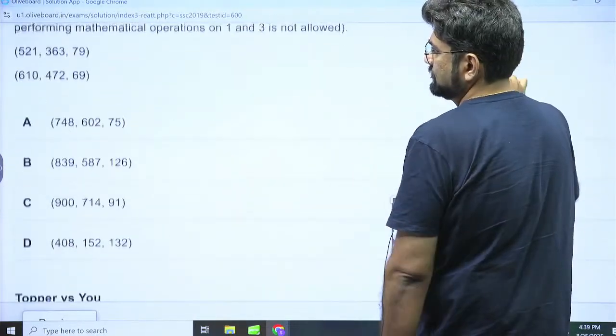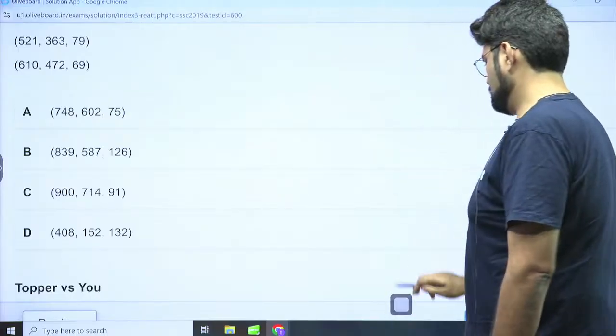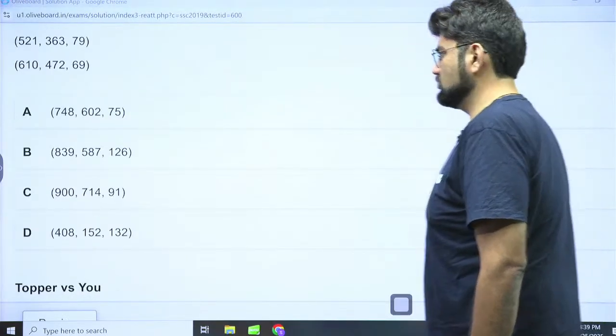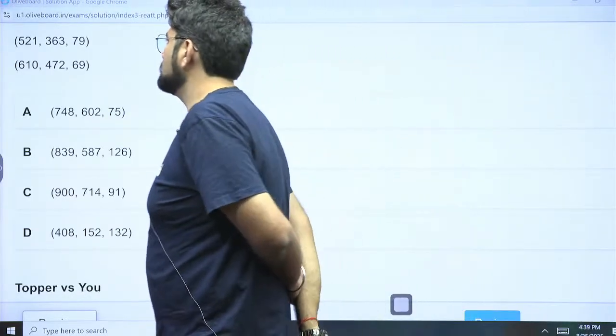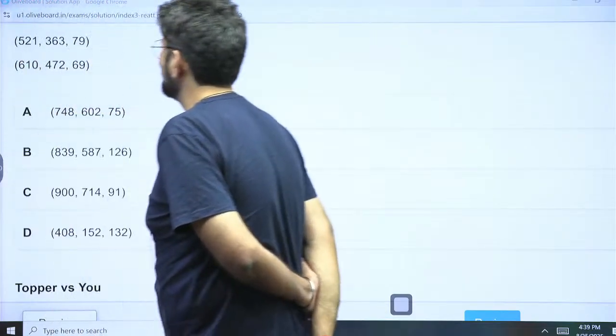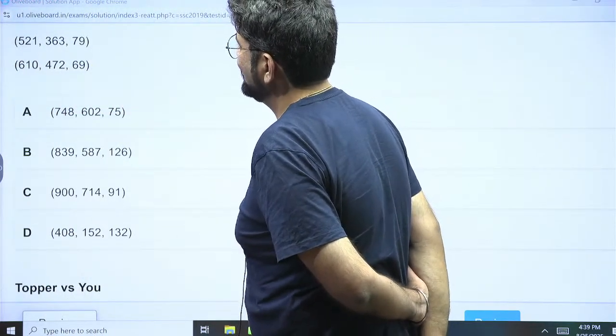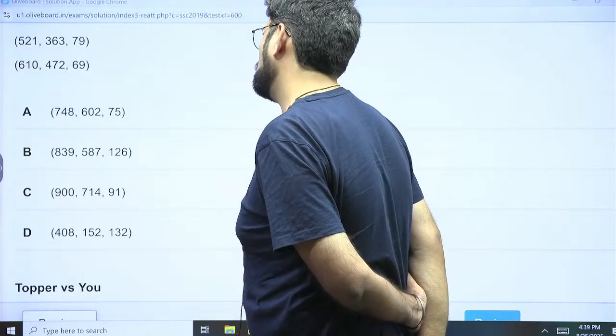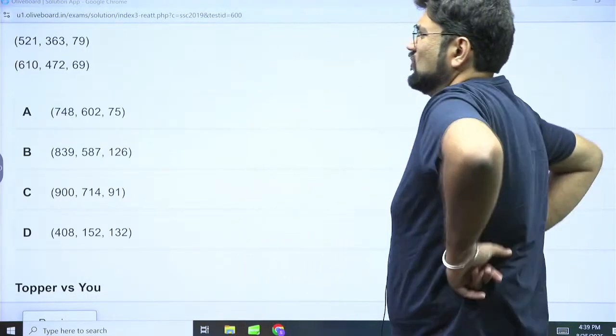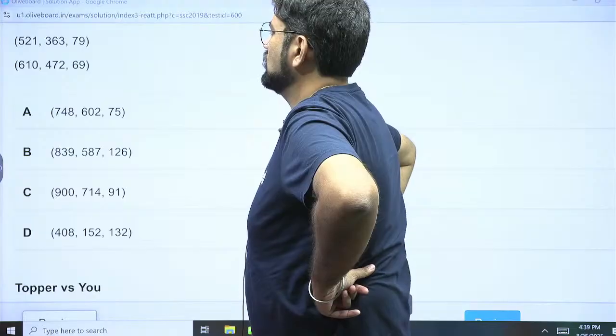Number set. 521, 363, 79. Okay. Now, two numbers, if I add them, I'll get 884. Does 884 have anything to do with 79? No. I think no, right?